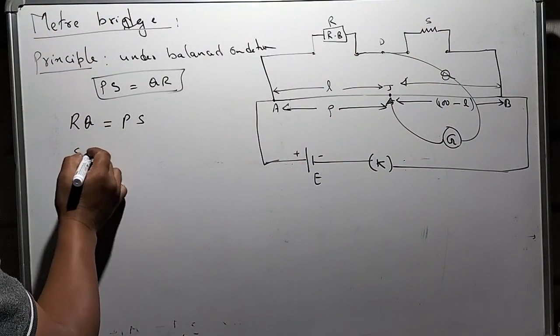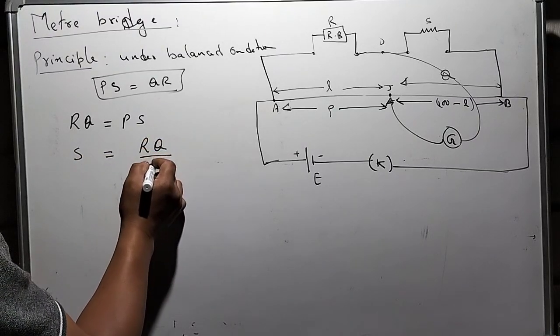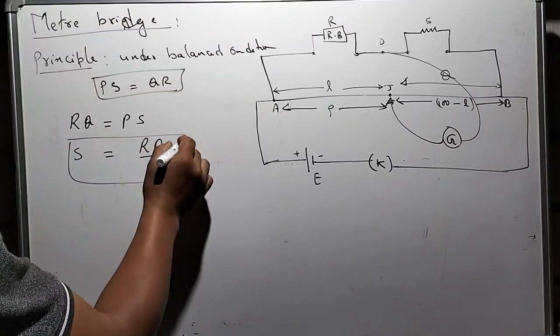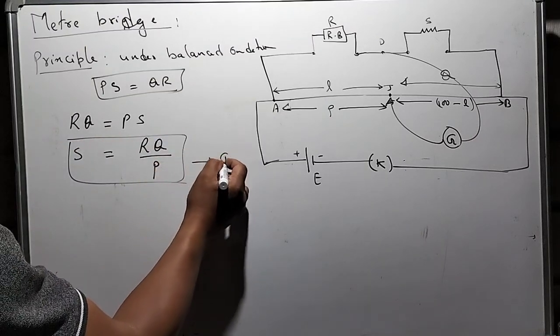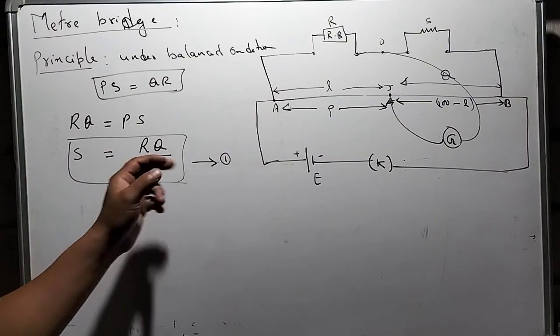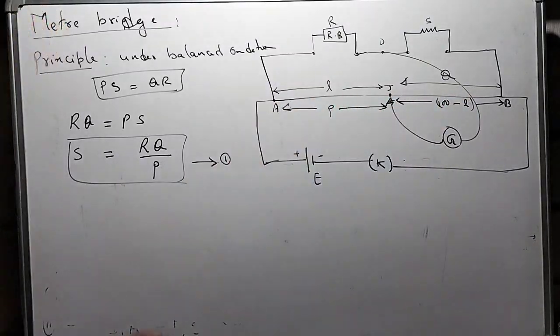S. So S is actually R upon Q times P. This is your equation number 1. By knowing the resistance R, Q, and P, you can find out the unknown resistance S using this equation 1.